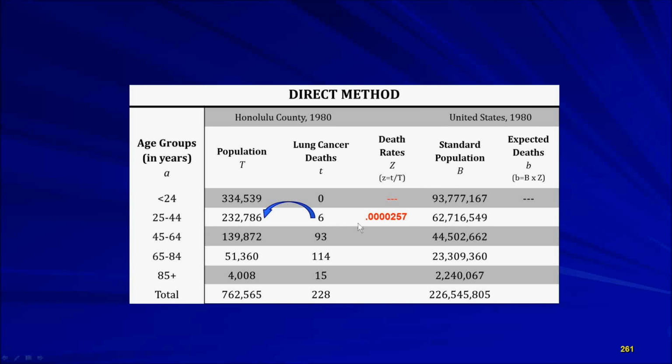How we got this particular score is that we divided 6 by this value to come up with this. So we took the number of specific lung cancer deaths for an age group, 25.4, and we divided it by the total population to come up with a death rate of this value. Okay? So we'll just take these one at a time.